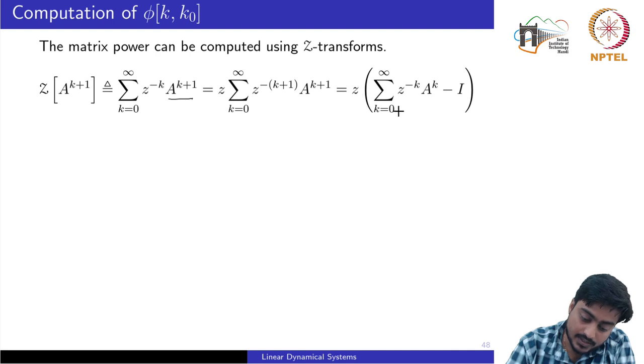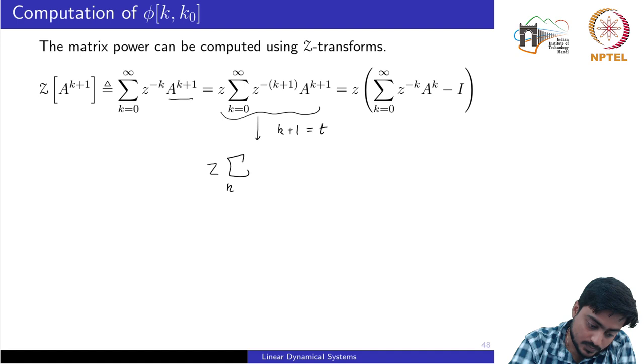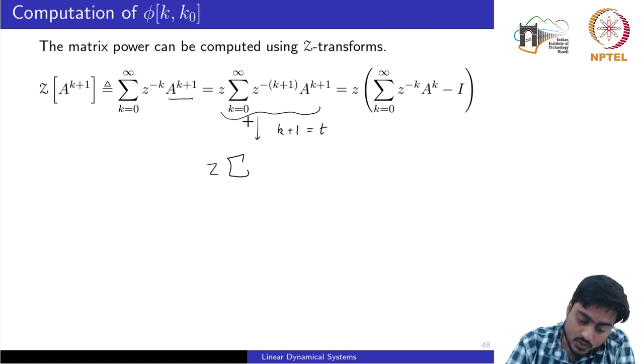Now, interesting thing here: let's say I replace k plus 1 by some variable t. So at k is equal to 0, I would have t is equal to 1, the lower limit, and the upper limit would be infinity. Here I would have z to the power minus t and A to the power t.